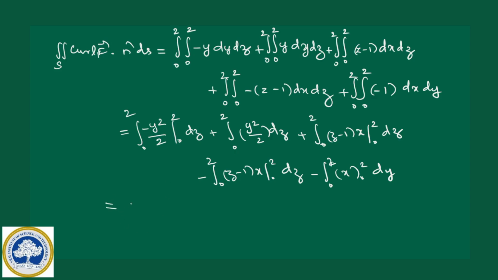So this is equal to minus 4 by 2, which is 2 again, and then now we are left with the integral dz. So z from 0 to 2 again here, plus 2 into z from 0 to 2, and then here it is 2 into z square by 2 minus z, 0 to 2.